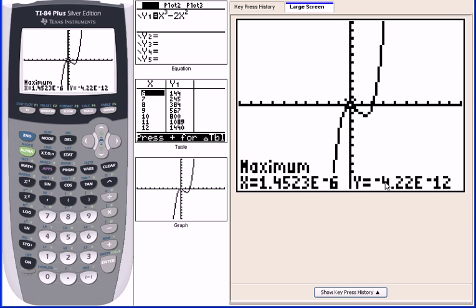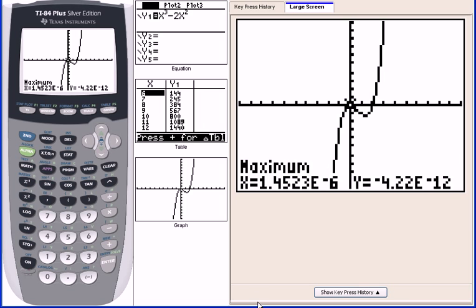Now notice your y says negative 4.22 e to the negative 12. Well, this is negative 4.22 times 10 to the negative 12th, which means there would be 9 zeros in front of your 4 here. So you can round this. Anytime they have the e, you round this to a 0.